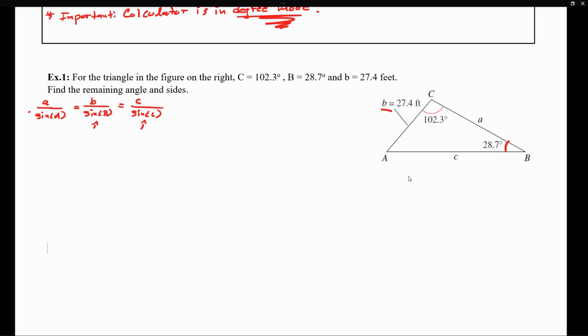And you want to use the ratios that will give you one of the unknowns. If you want to find side C, then you definitely need to know an angle and its opposite side, and the angle that is opposite of the side that you want to find a measurement of. So let's set this up.